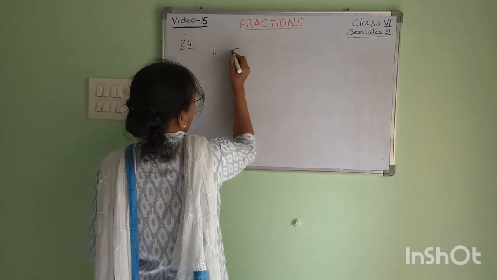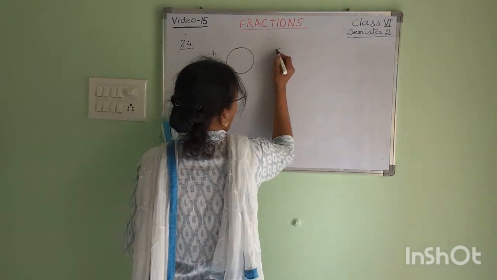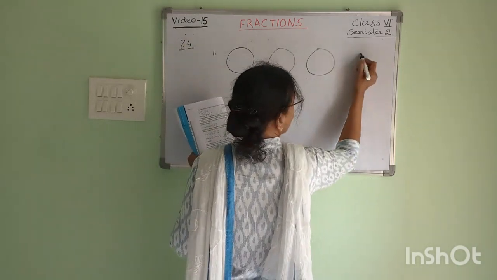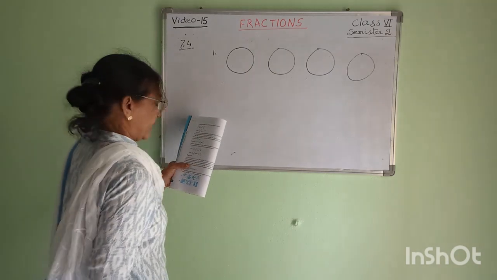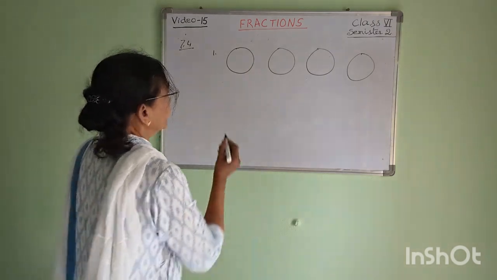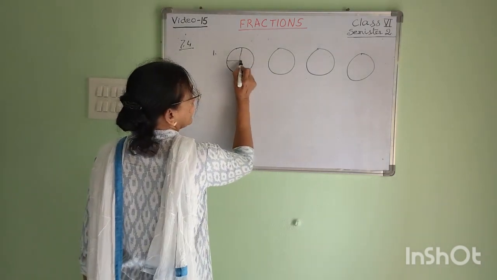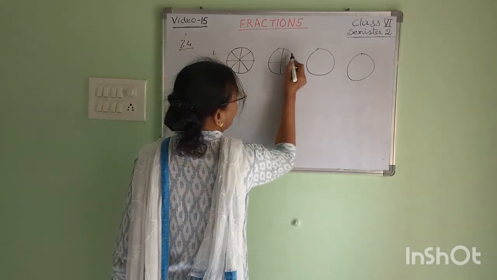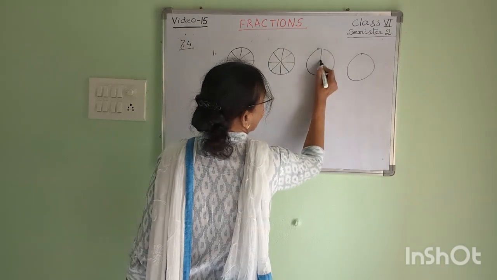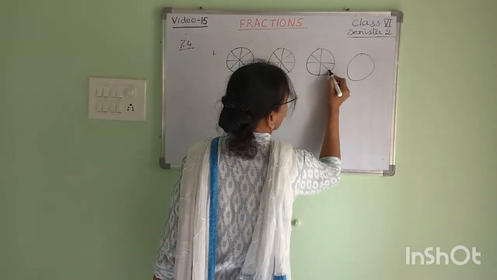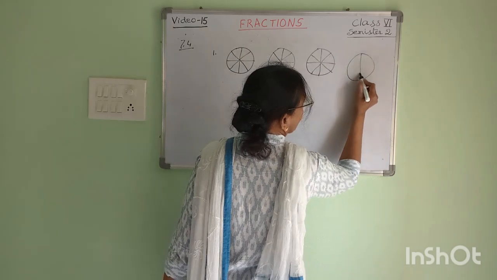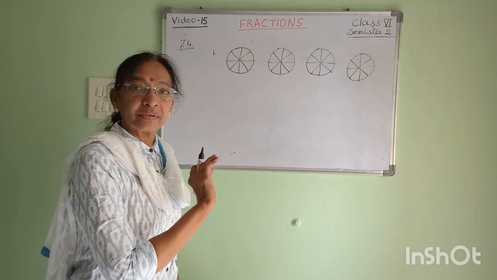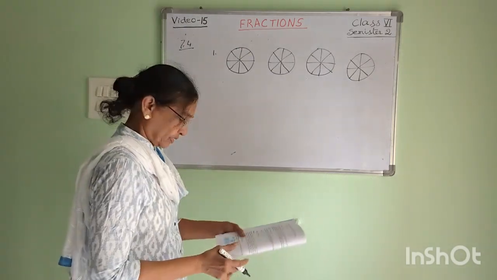So here in the first problem, circles are given. I will draw the circles first. So 4 circles, and each circle is made into 8 equal parts, like this. And different numbers of equal parts are shaded.